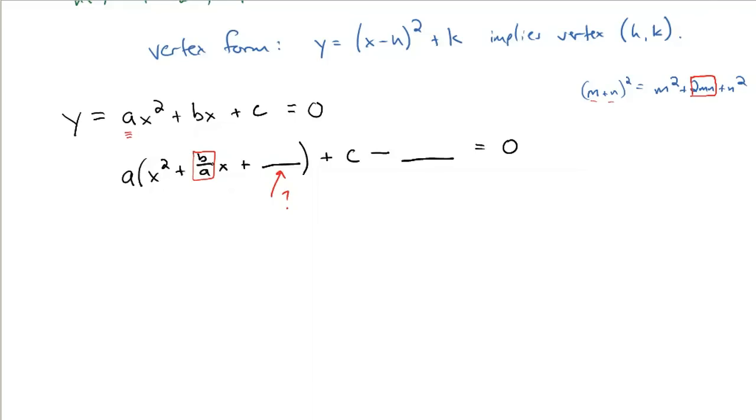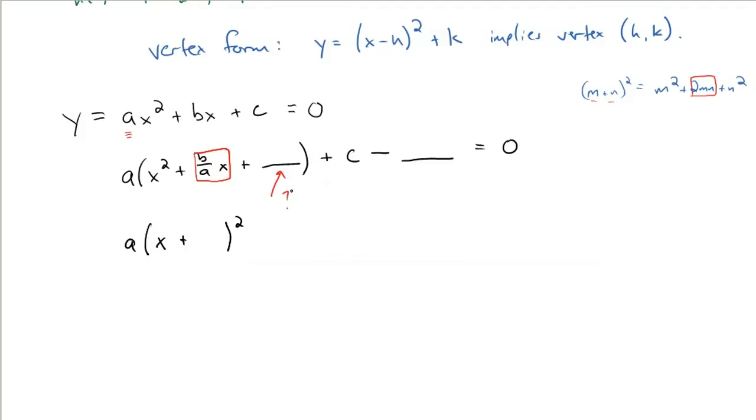B over a, actually including x, b over ax is twice the product of x and whatever that third term is going to be. So if we set this up, the next line is going to look like x plus something squared.